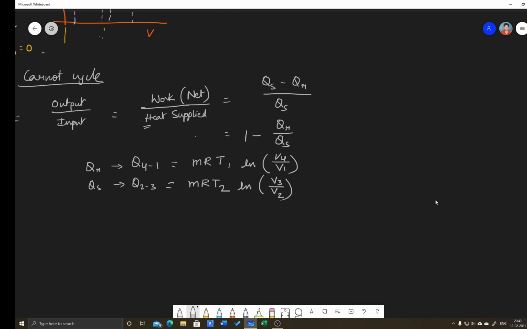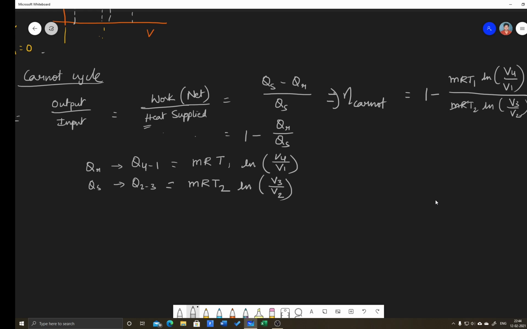These have to be substituted in this formula, the efficiency of a Carnot cycle, that is equal to 1 minus Q rejected, MRT1 ln V4 by V1, by MRT2 ln V3 by V2.